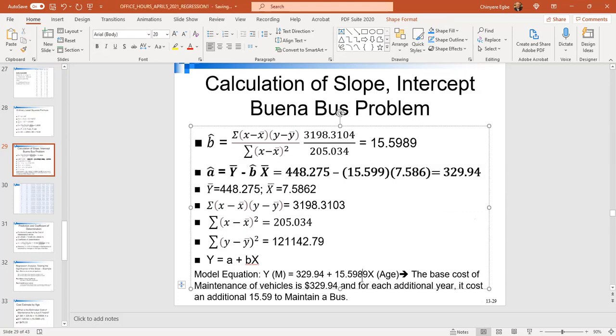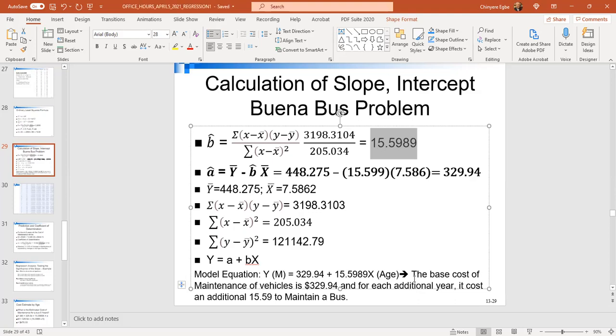And b is represented by b hat, which is 15.59. So 15.59 times x. So what does it mean? Now, a is a constant value. It simply means that the base cost of maintaining a vehicle is at least $329 per year.